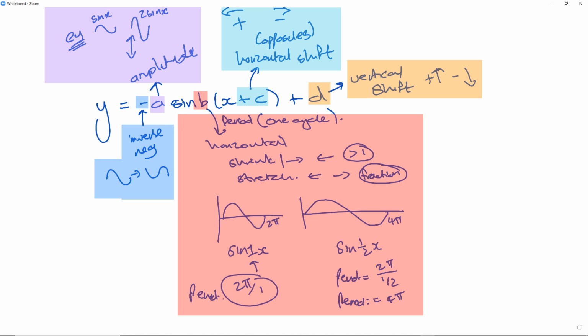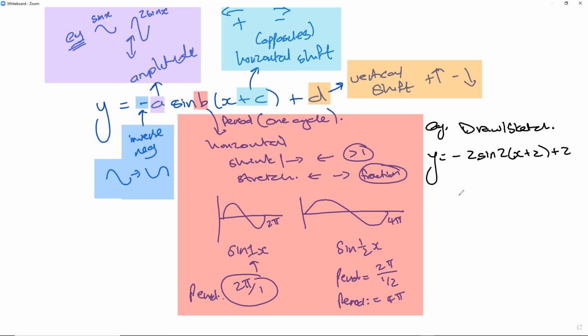All right, now let's look at an example of this. Let's suppose I have y equals negative 2 sine, let's just use 2, 2x plus 2, plus 2. And let's say we want to sketch this graph over here.